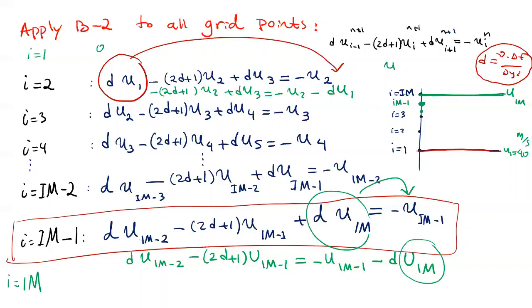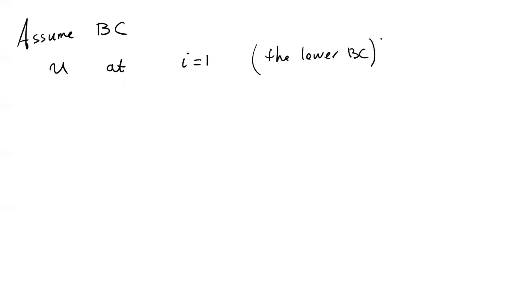Now, let me write the boundary conditions. u at I equal 1, which is the lower boundary condition, is known, equal to 40 meters per second in that example.